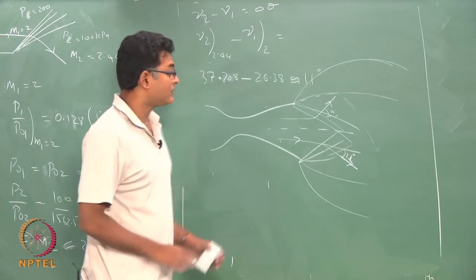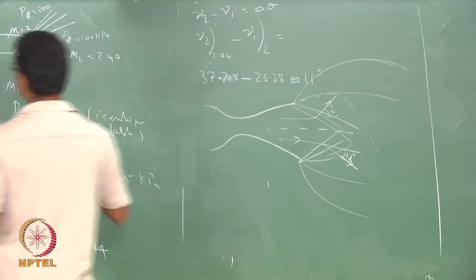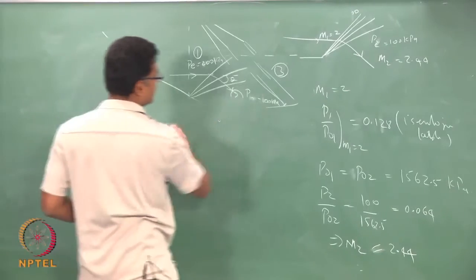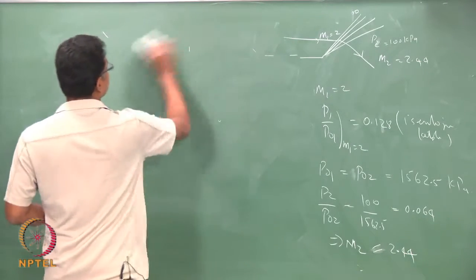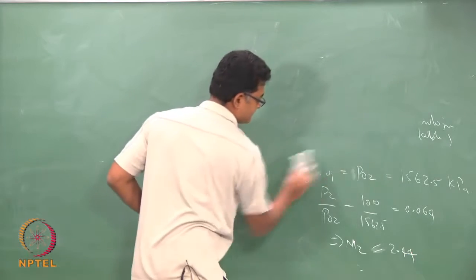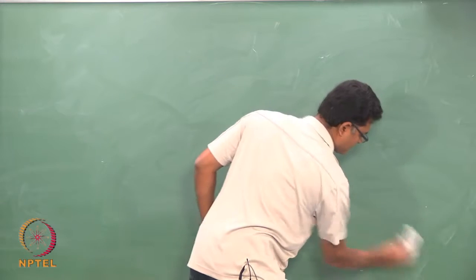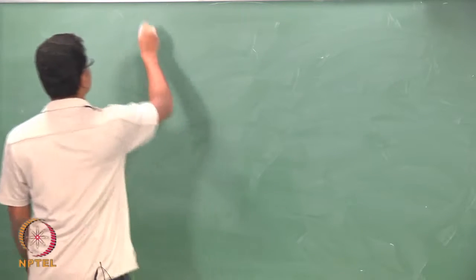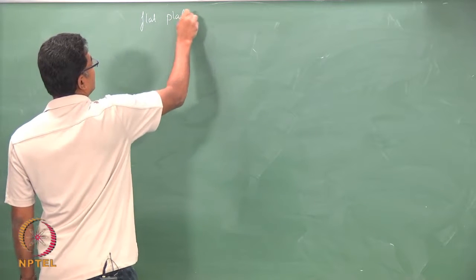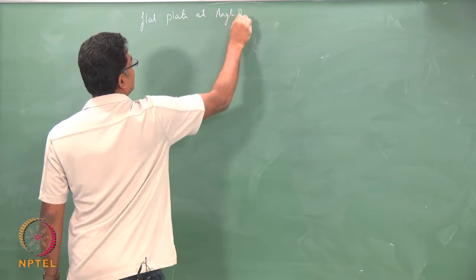Now we will end the discussion on the Prandtl-Meyer function with one simple problem on external flows, which is flow past a flat plate at some angle of attack.